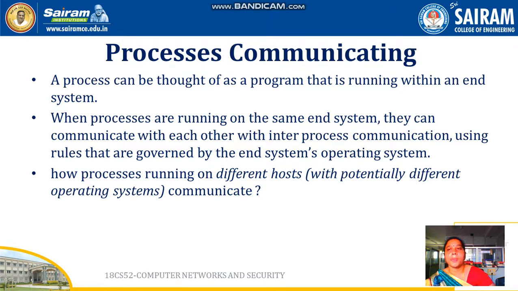The network layer will communicate from the source to the destination. And the transport layer will communicate with the process. If I'm using mail, then my SMTP mail process will be communicating with the mail process of my friend. This is how the processes communicate with each other with the help of the port.